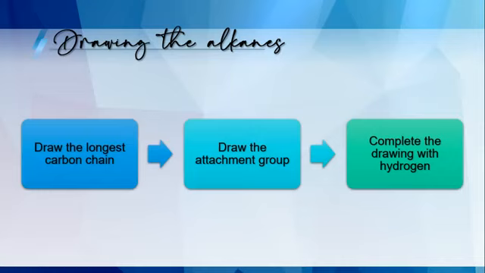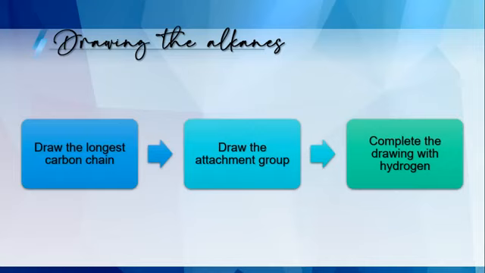Other than knowing how to name, sometimes you are given the name and asked to draw the structure. These two skills are quite important, because when you read the name of a member of a homologous series, you're supposed to be able to draw that compound.